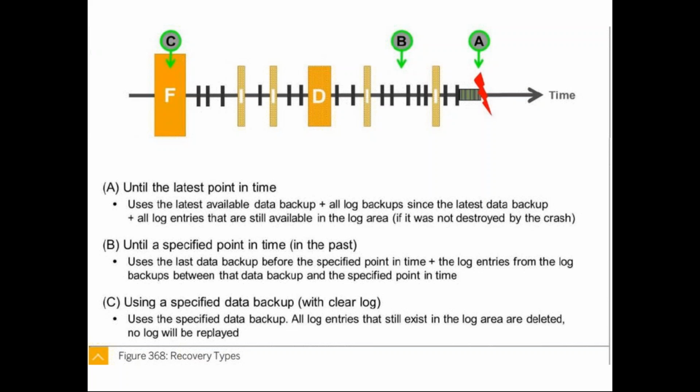If you have those incremental and differential backups, which is highly recommended, then the system uses that complete data backup. And when we have differential and incremental, the priority is always given to differential first. So obviously the differential will be used, and then the incremental backups will be used.